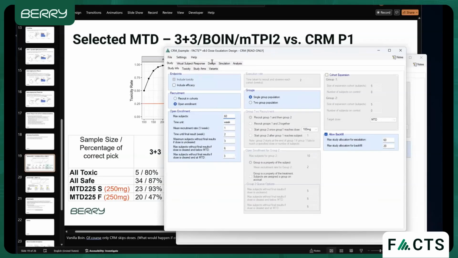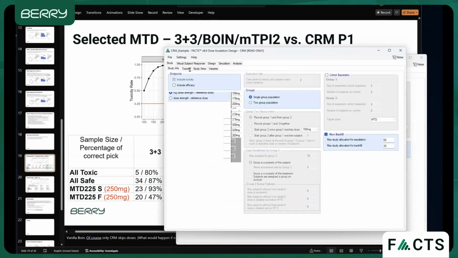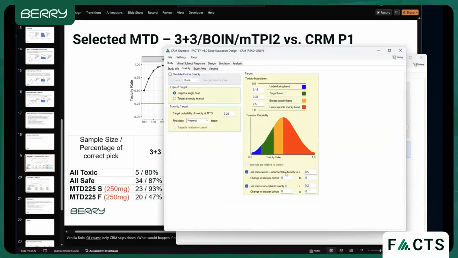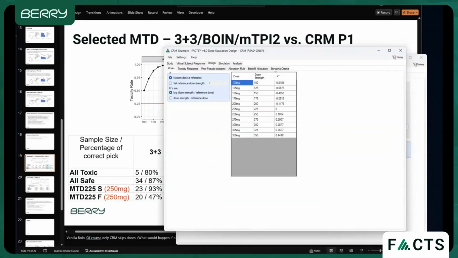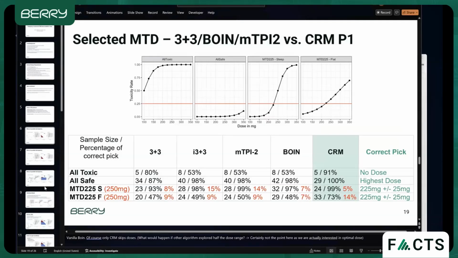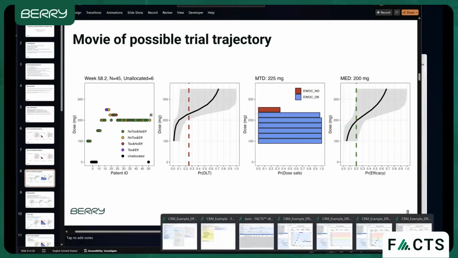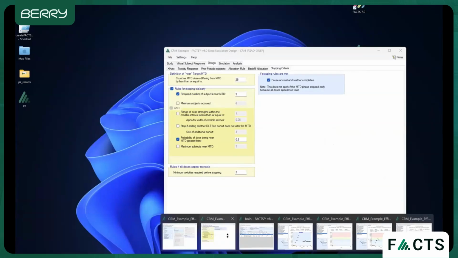I have the same backfill rules, the same scenarios, the same design, the same rules for finding toxicity, and the same stopping rules for the MTD part. I simply do not have the MED part anymore. So in this simulation, after I think I found my MTD, I would just stop and I wouldn't do this extra MED part anymore. So you can just create a second facts file for that and simulate that.